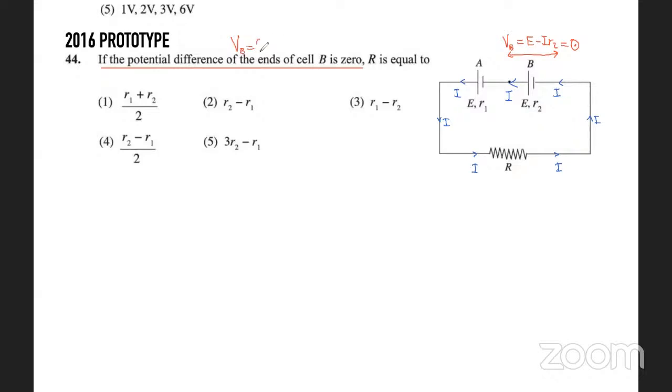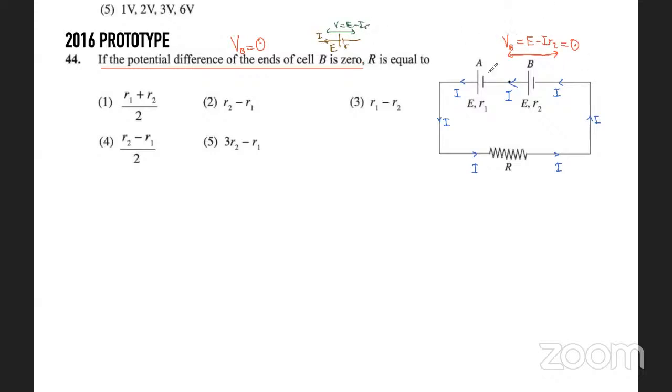When there is a battery with an electromotive force of E and internal resistance of R, and if a current I is coming out of it, the potential difference across the battery V is given by E minus IR. Understood, people? I think we did this last week, right?